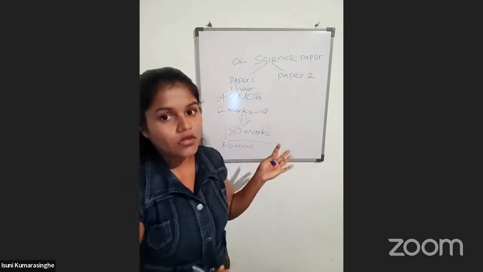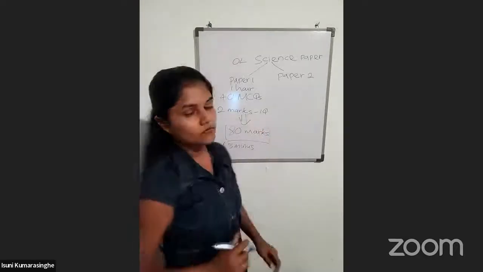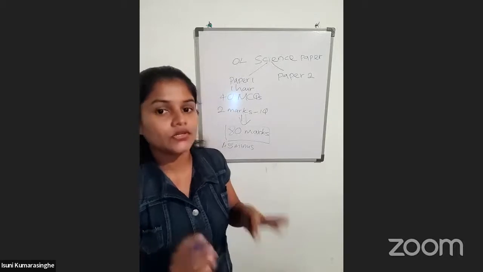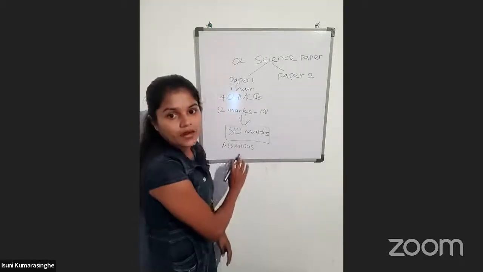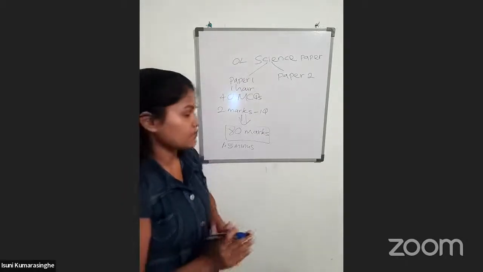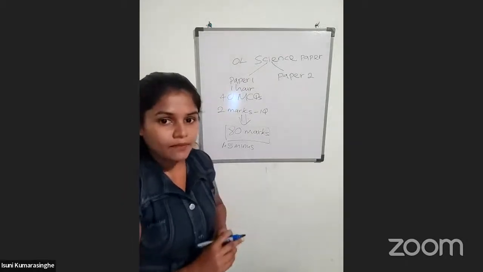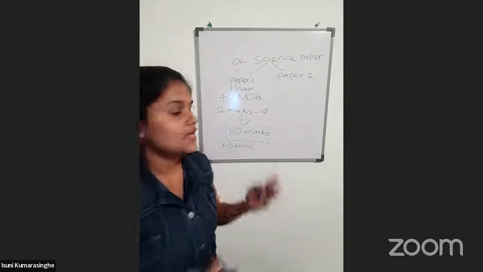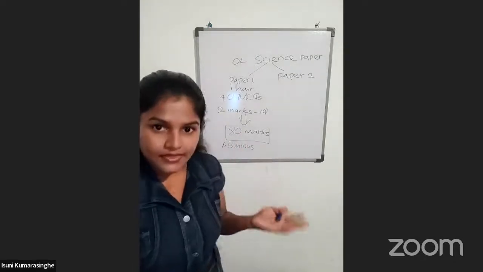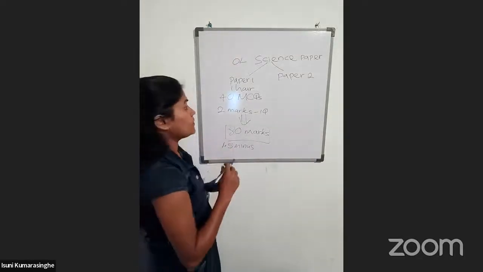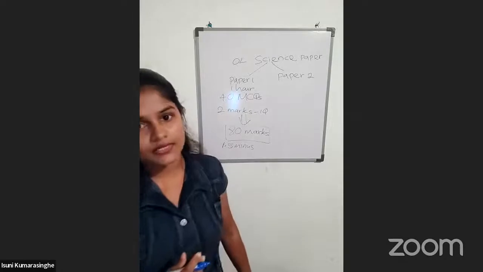So when you write the answers for the last questions, sometimes you need more than 1.5 minutes. So always remember, when you write the paper, try to save time as much as possible, because it will help you to write the final questions correctly.